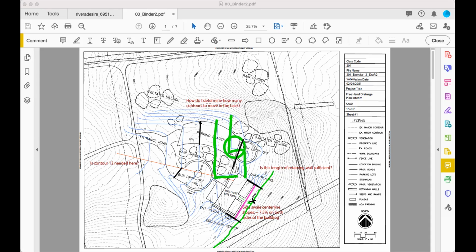So it's definitely a trade-off. As long as it works, we wouldn't have a problem with any other option. But I would try not to move as many contours at the entrance. Okay, that makes sense. Thank you.